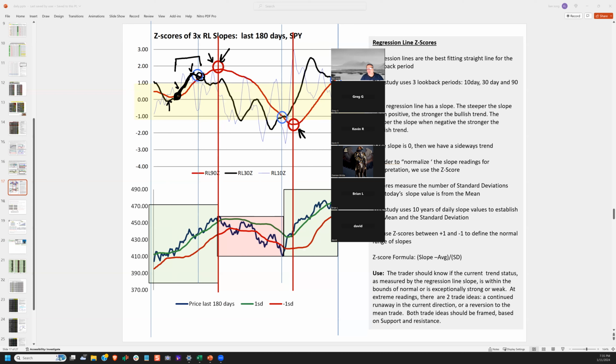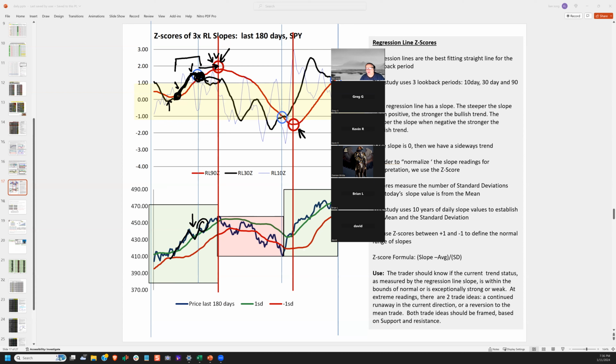And now you get this warning that the trend is changing. Like it warns right in here because you had a nice uninterrupted run, but then it got weak and recovered. That little bit of weakness was enough to start creating divergence in the slope of the RL30 z-score. Well, that's useful to know because now that gave you an early warning, and now this gives you the confirmation.